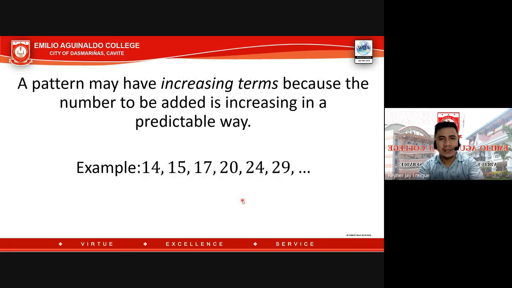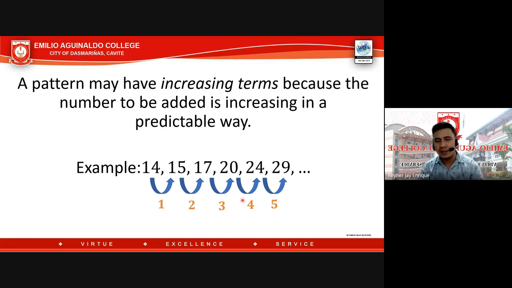Okay, the next one: a pattern may have increasing terms because the number to be added is increasing in a predictable way. So pwede din namang hindi siya constant, but the numbers are increasing in a predictable way. In this example, let's look at the differences between the numbers. We have 1, 2, 3, 4, 5 as their differences in the succeeding terms.